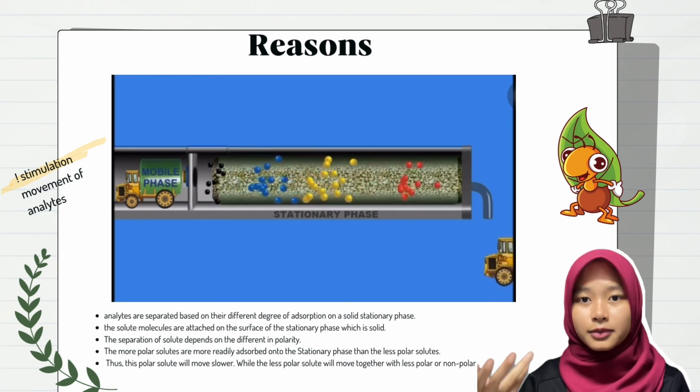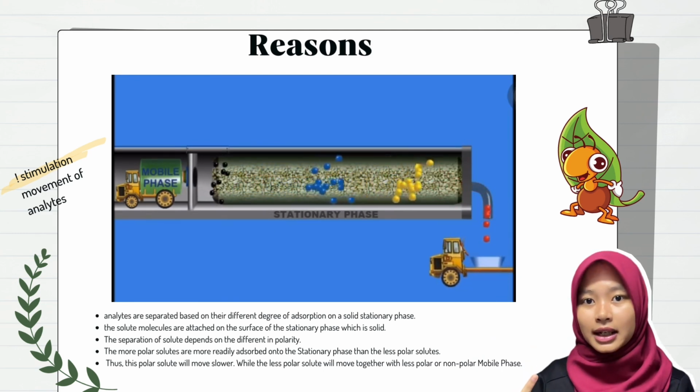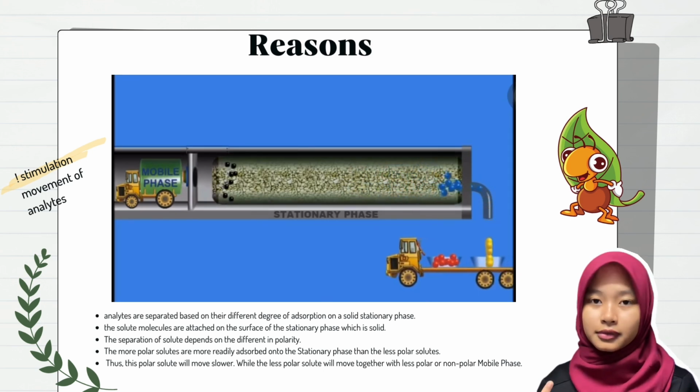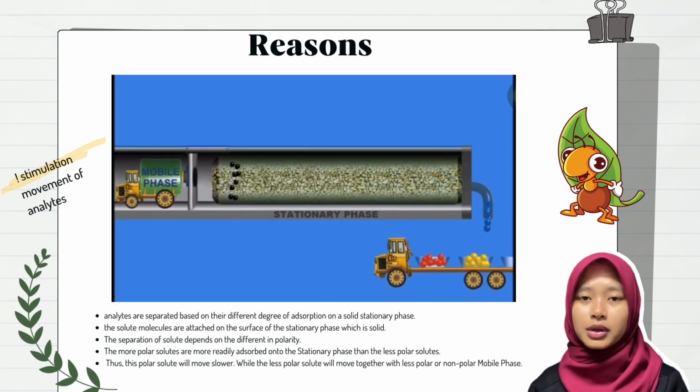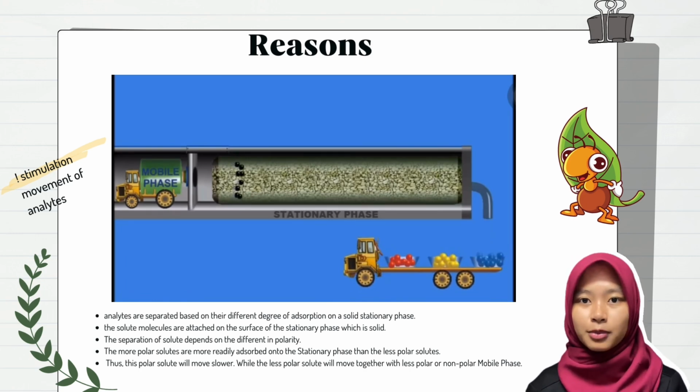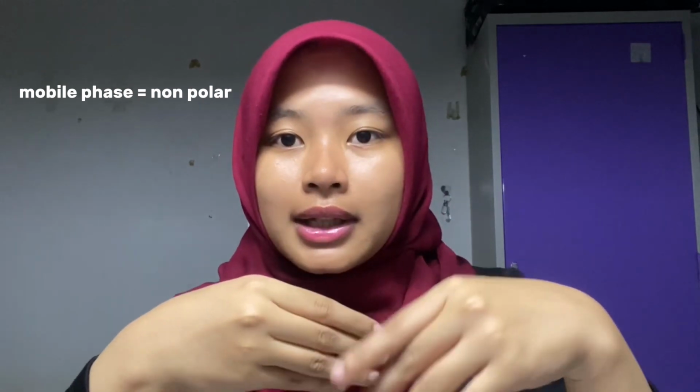The more polar solutes are more readily absorbed onto the stationary phase than the less polar solutes. Thus, the polar solute will move slower, while the less polar solute will move together with the less polar or non-polar mobile phase. In this experiment, the mobile phase is non-polar, which is the running solvent solution, used to carry the different types of pigments being separated.